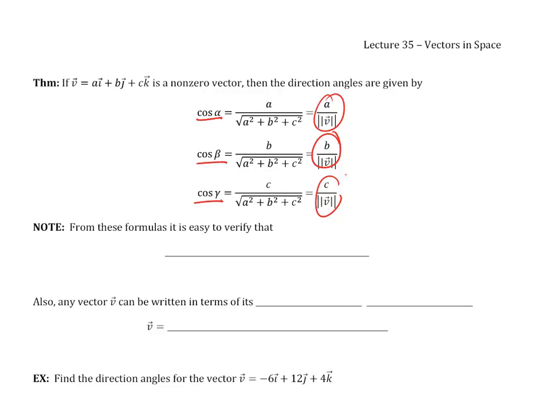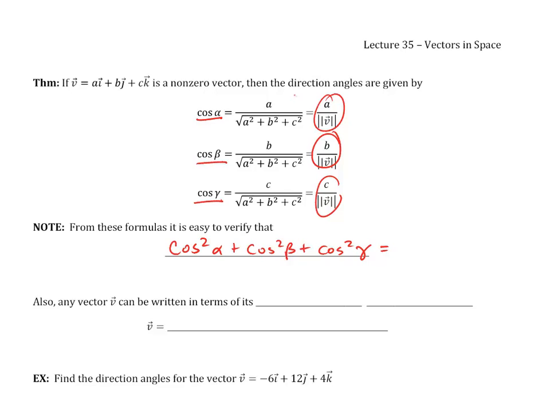Using these formulas, it's fairly easy to verify that the following property is true. If alpha, beta, and gamma are direction angles, then cosine squared of alpha plus cosine squared of beta plus cosine squared of gamma will equal, well, let's think through what this would mean.